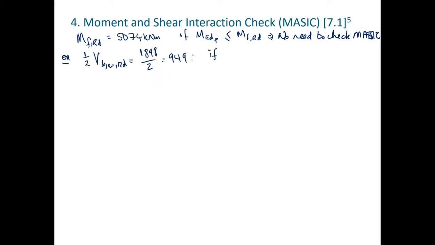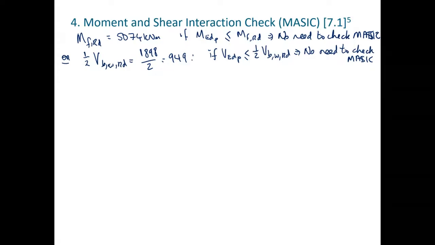We know that if the shear demand of a panel is less than or equal to half of this web shear buckling resistance, then there's no need to check moment and shear interaction check.